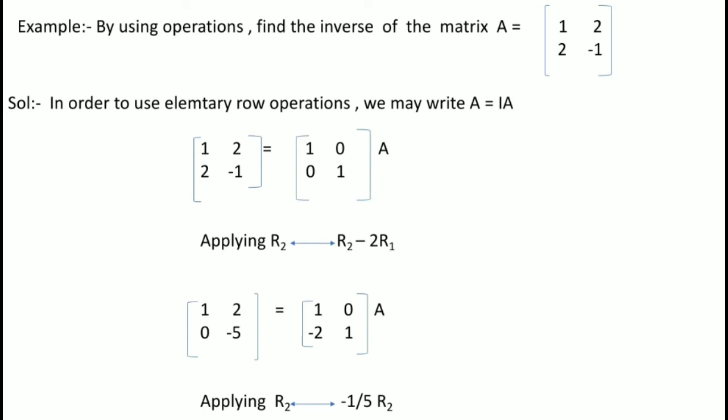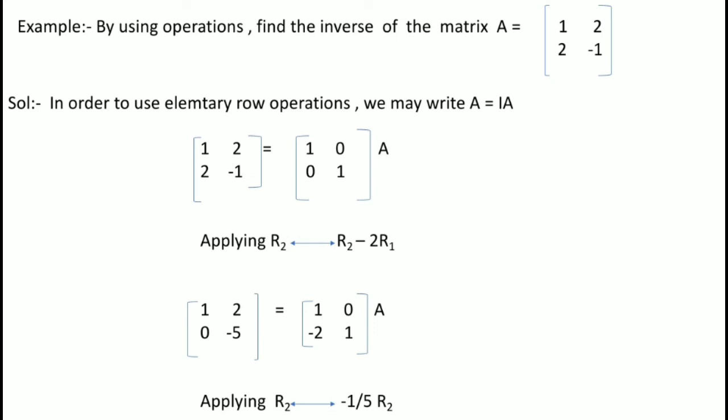On the left hand side of this equation, we put the value of A, and on the right side we put the identity matrix of order 2. Here we use the identity matrix of order 2 because the given matrix A is also of order 2.